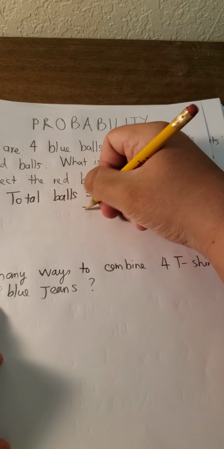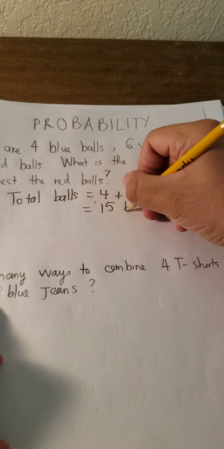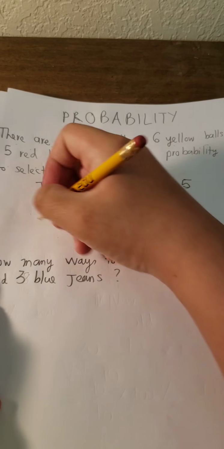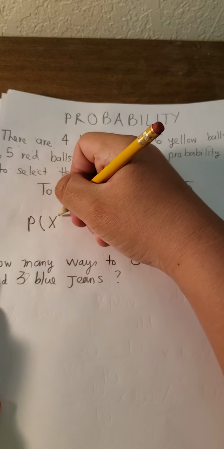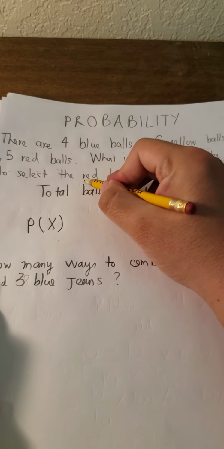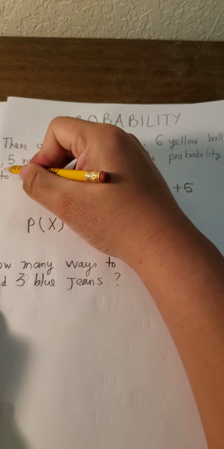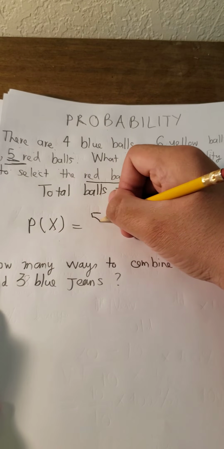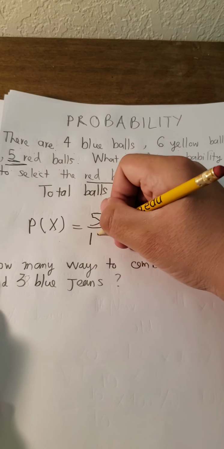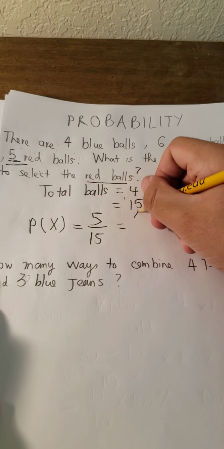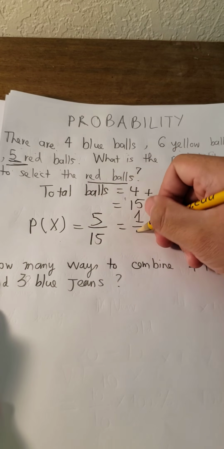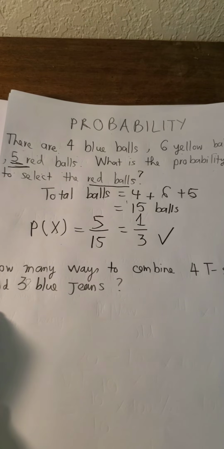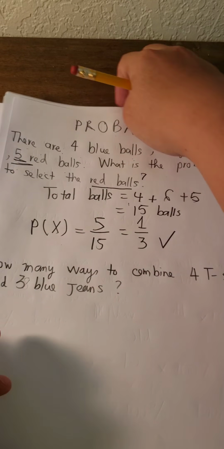We have 15 balls. So the probability of selecting a red ball, because we have 5 red balls, is 5 divided by 15, or 1 divided by 3. That's the probability of selecting a red ball.